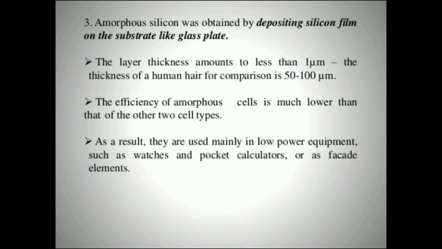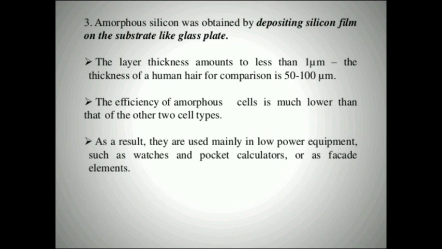Amorphous silicon is obtained by depositing a silicon film on a substrate like a glass plate. The layer thickness is less than 1 micrometer. The thickness of a human hair, in comparison, is 50 to 100 micrometers.